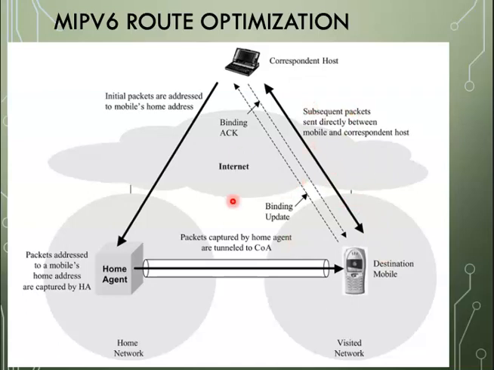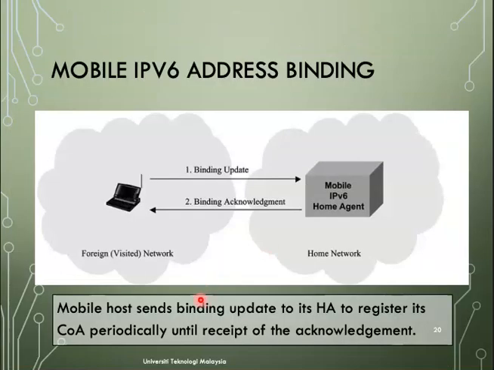So the binding cache uses the binding acknowledgement and also the binding update. The mobile host sends a binding update to its home agent to register its care of address. This is done periodically until it receives the acknowledgement.